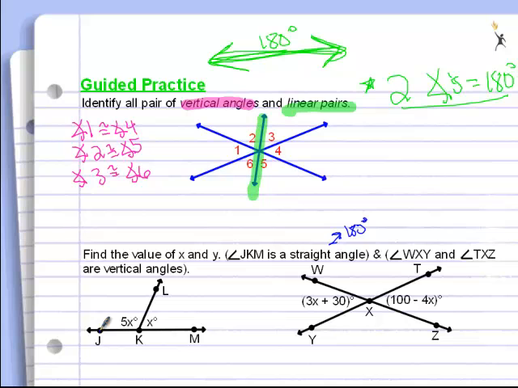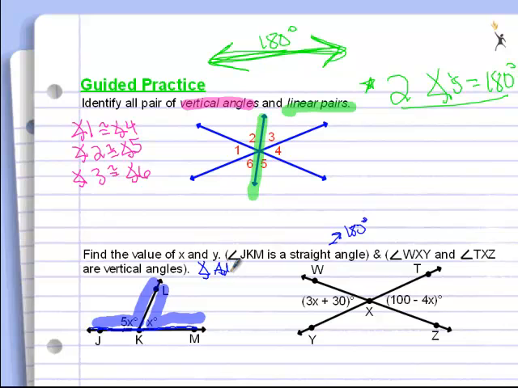If JKM is a straight angle, or it adds up to 180 degrees, what does that tell us about angle JKL and angle LKM? If the whole thing is 180, what does that tell us about these two angles? Hopefully you're saying to yourself, well, those two add up to be 180. That's the angle addition postulate.